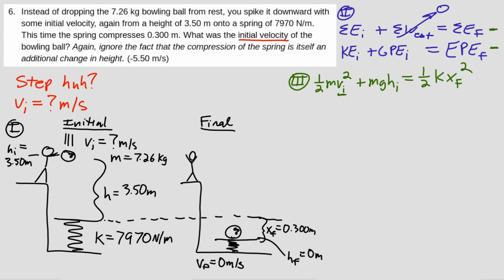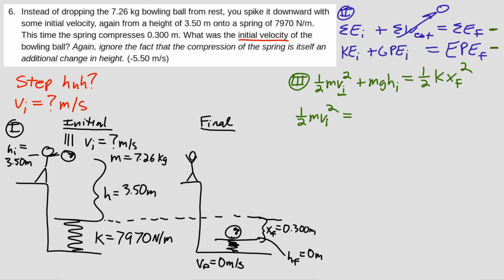I've got a bunch of different terms here, and let's quick peek back at what we're actually looking for. We're looking for V initial. So what I've got to do is a bunch of algebra until I have that thing by itself on one side of the equal sign. So the first thing I'm going to do, and there's going to be a bunch of algebra here, so be careful, make sure you're doing it all correctly.